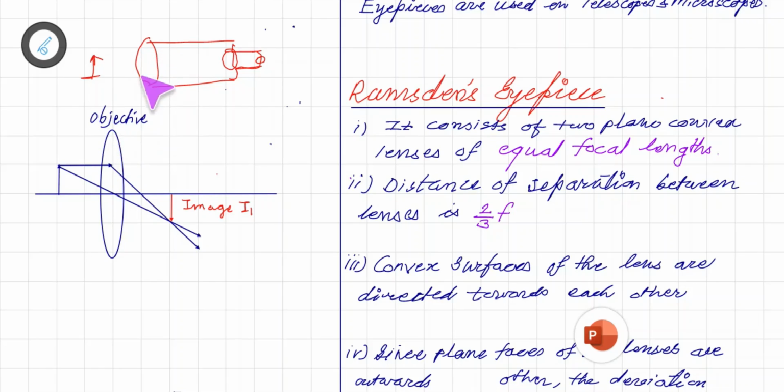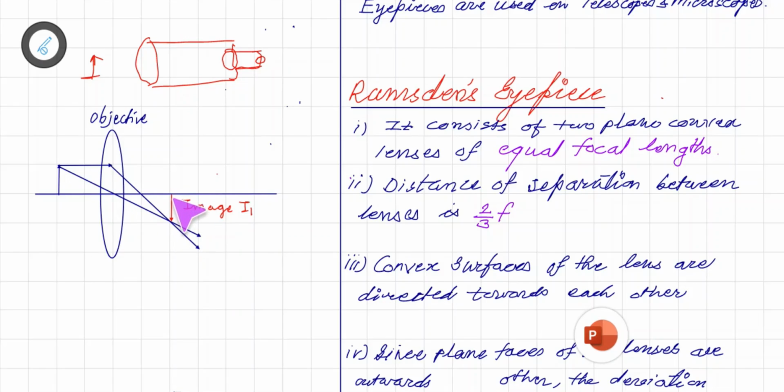Now I have shown the objective here, and we are observing this object. When light emerges from this object and is incident on the objective lens, it is refracted and forms an image.